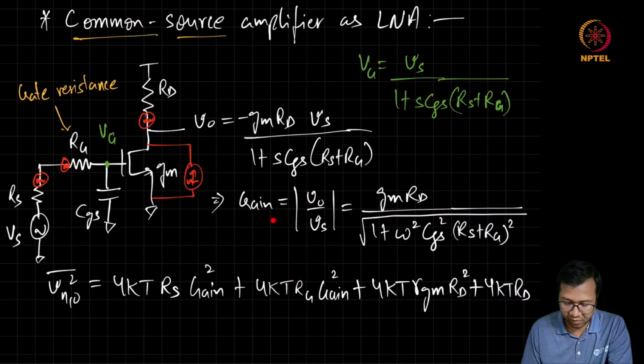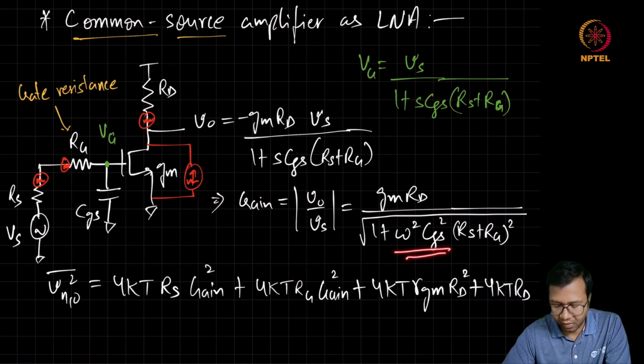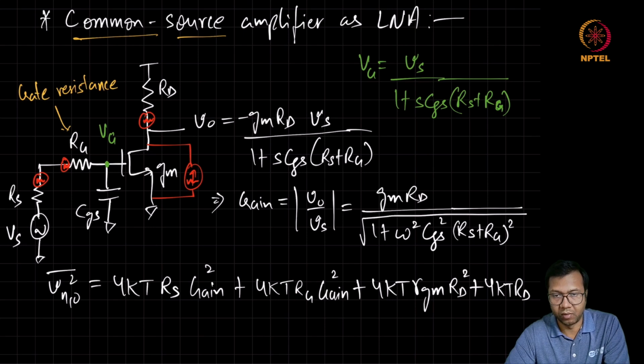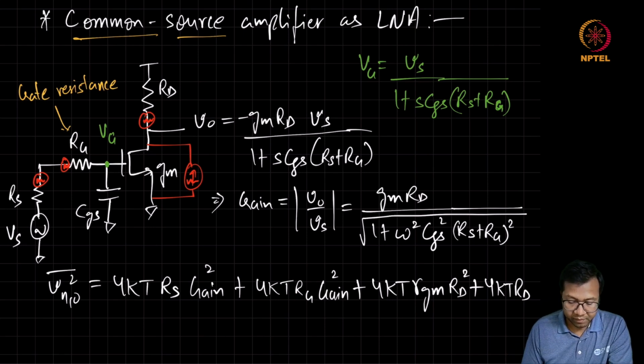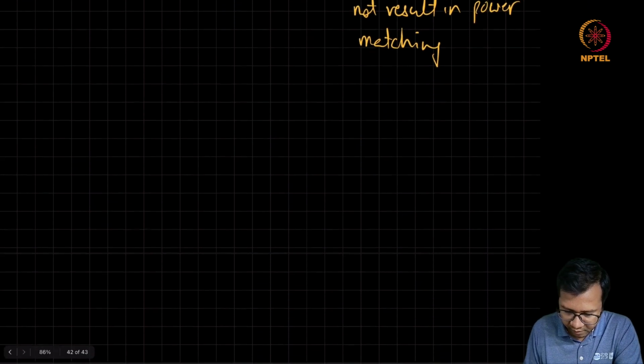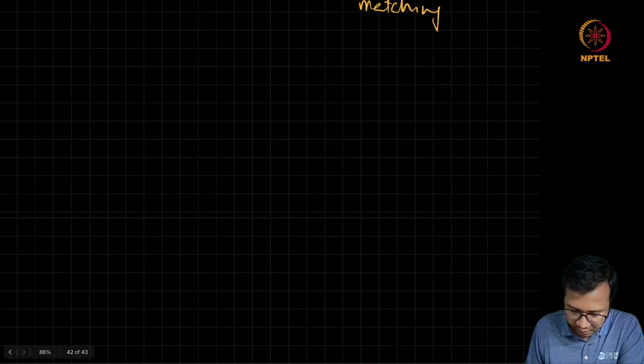First of all, the gain is going to be reduced because of this low pass behavior at the input. Output pole anyway we have ignored, so the output pole will also add to more reduction in the gain. In addition to that, there is a strong trade-off when trying to do the power matching along with the noise matching.